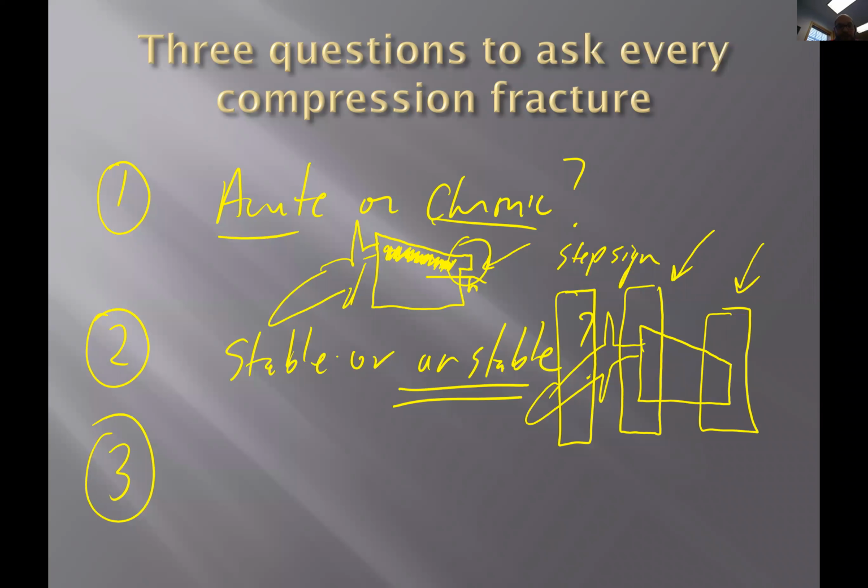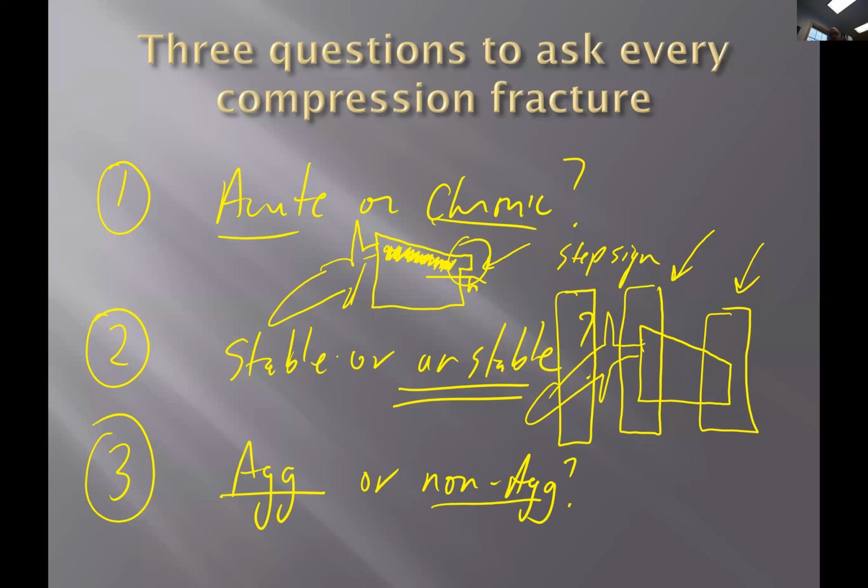Third question. Are you aggressive or non-aggressive? In other words, are you going to be a regular traumatic compression fracture, or are you going to be a pathologic compression fracture, like there's some sort of metastatic disease or myeloma in there that's replacing the marrow and caused a pathologic compression fracture?